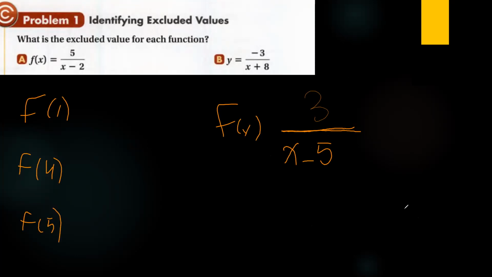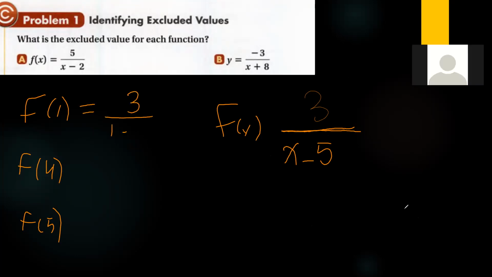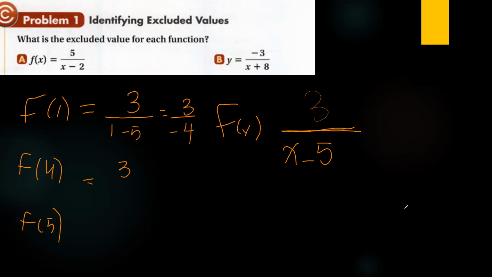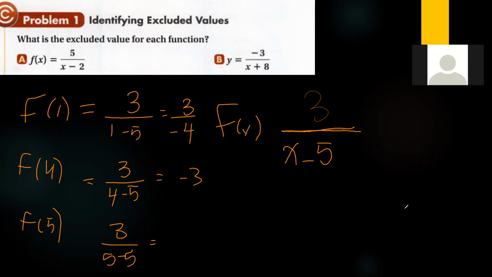F of 1 will be 3 over (1 minus 5), which is 3 over negative 4. At point 4, you evaluate 4 minus 5, so you get 3 over negative 1, which is negative 3. And at point 5, you have 3 over (5 minus 5), which is 3 over 0.